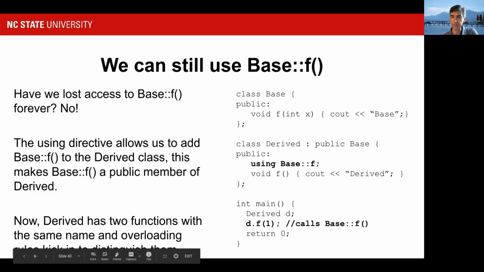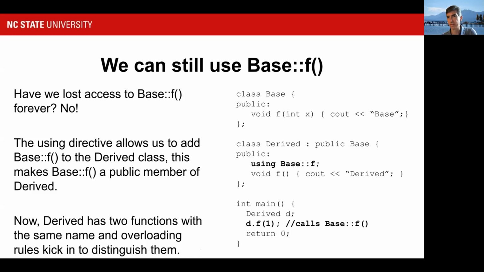So by putting in this using directive, we're able to basically move the function from base into derived and stop the overriding from blocking it. It's kind of a subtle thing. We're not going to use this a lot.